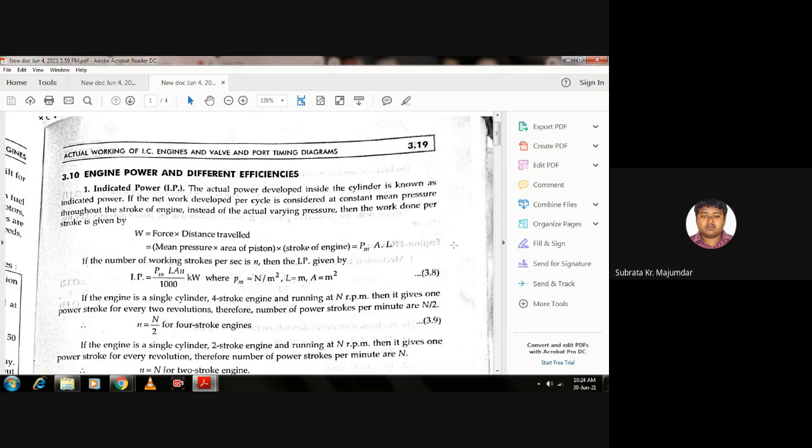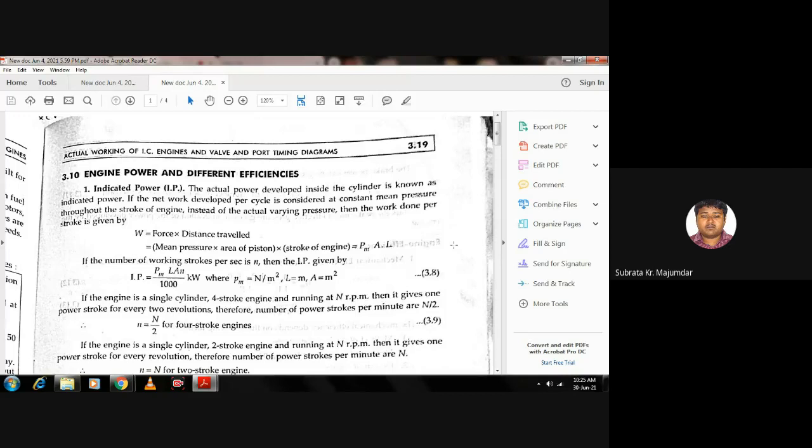This force can be further expressed as the mean pressure into the area of the piston, into the stroke of the engine. This indicated power is denoted by I.P. It is the actual power generated by the engine cylinder.